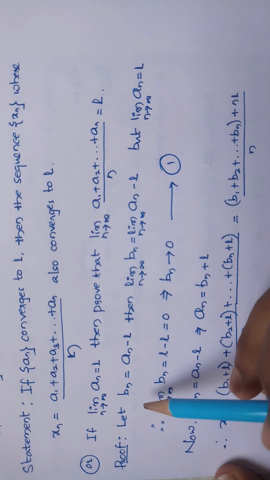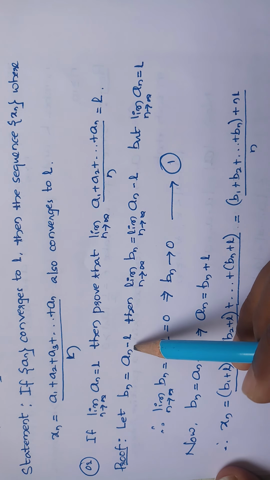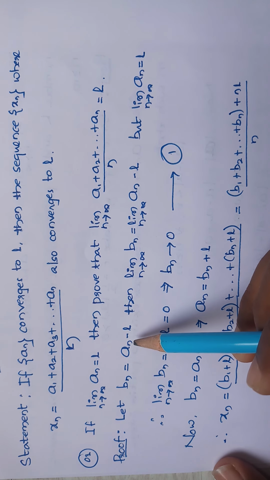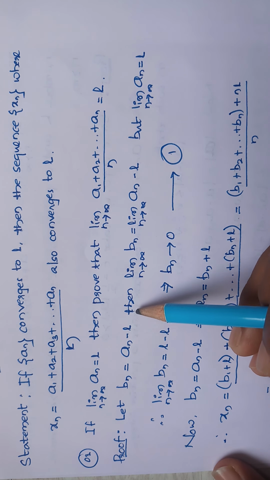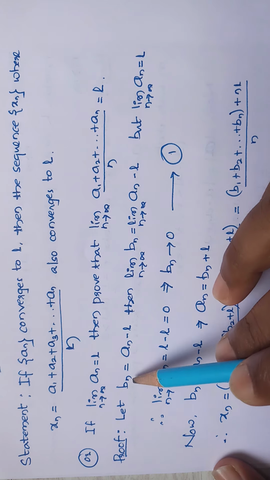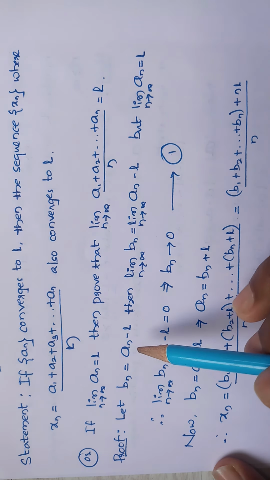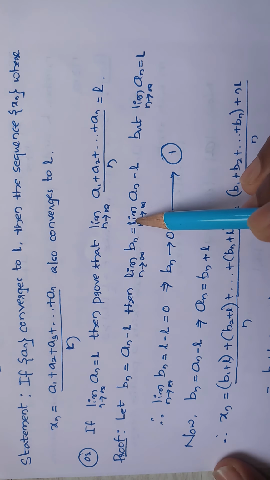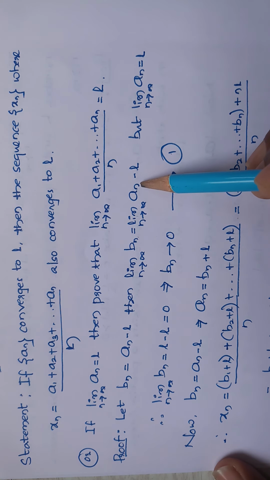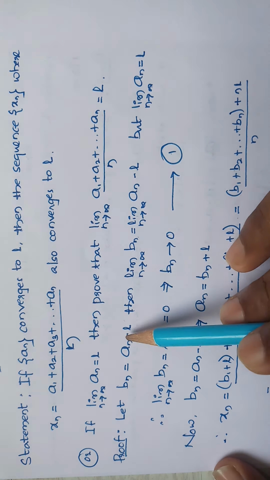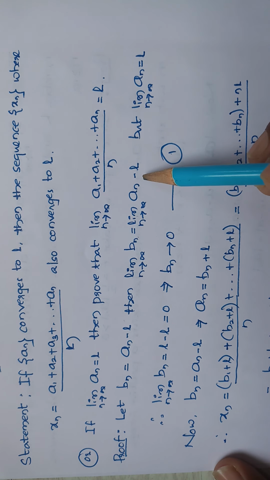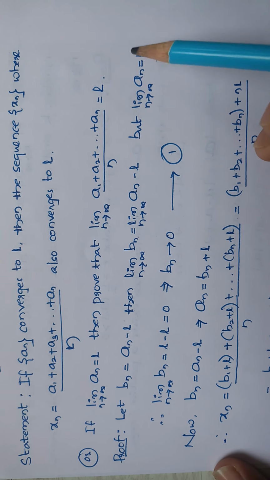So here I am taking, let Bn be equal to modulus of an minus L. Then I am taking limit n tends to infinity on both sides. Then it will become limit n tends to infinity Bn is equal to limit n tends to infinity an minus limit L. So this is a constant value, that is L, so limit n tends to infinity L means L itself.